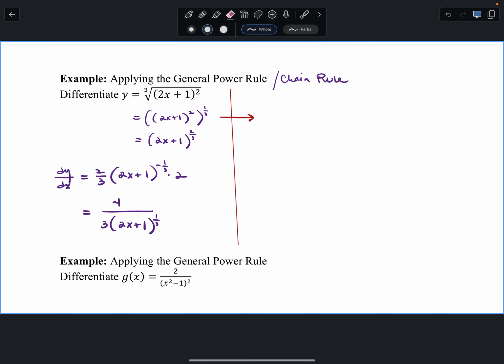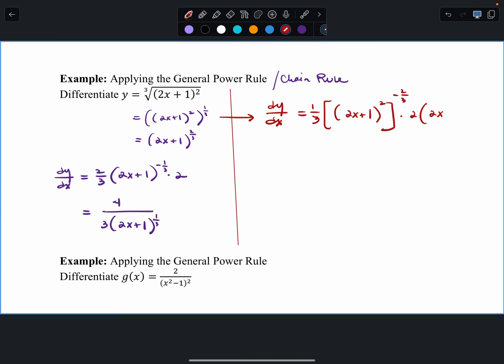We just do 2 times x squared minus 1 to the negative 2, wait, no. I guess we need that. We're gonna remove the 2 though. Oh, I guess it would, because 2 is a constant, right? For the second, 2 is a constant, therefore it's just gonna stay outside.